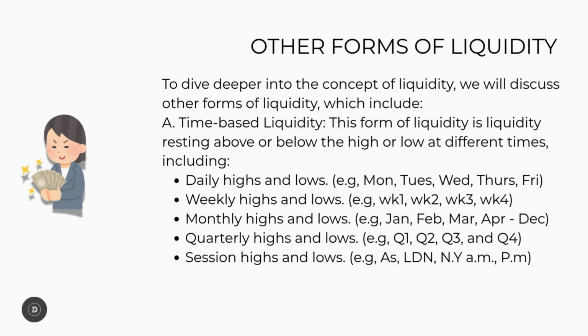All right, so you can easily mark out these daily highs and lows on the daily time frame, the weekly highs and lows on the weekly time frame, the monthly highs and lows on the monthly time frame, right? And you can watch how price eventually gravitates towards these highs and lows to take out buy side liquidities and sell side liquidities respectively. All right, so that is it for time-based liquidities.